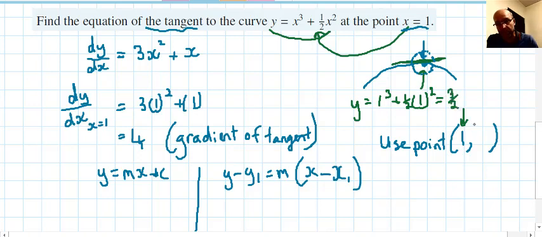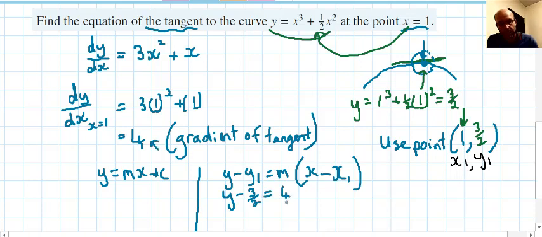So we have 3 on 2, and if we're using the point gradient form, that'll give us the x1, y1 that you see in the formula. And so we go y take 3 on 2 equals m. We work that out to be 4.